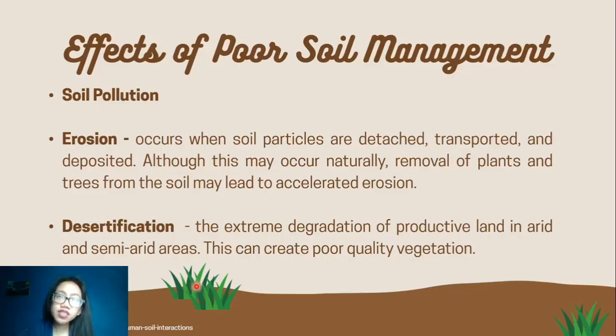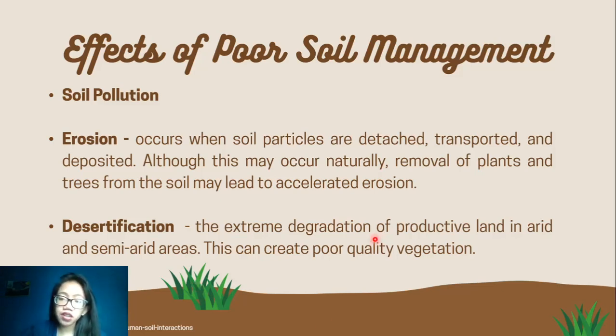There are some activities that may affect the soil itself. So, for example, soil pollution, mixing things in the soil that shouldn't be there, like plastics, trash in general. Of course, that would affect the soil quality. So, that's a no-no. Erosion occurs when soil particles are detached, transported, and deposited.